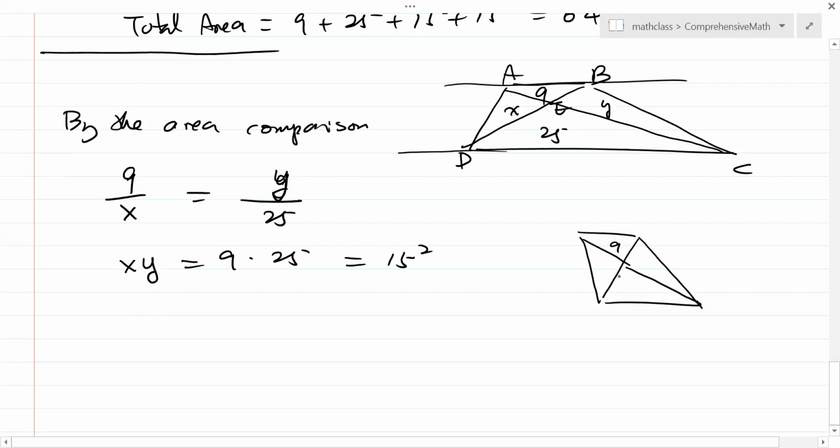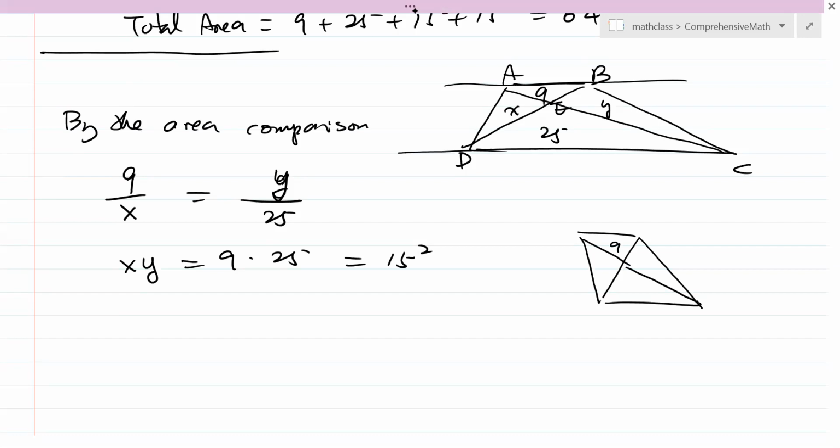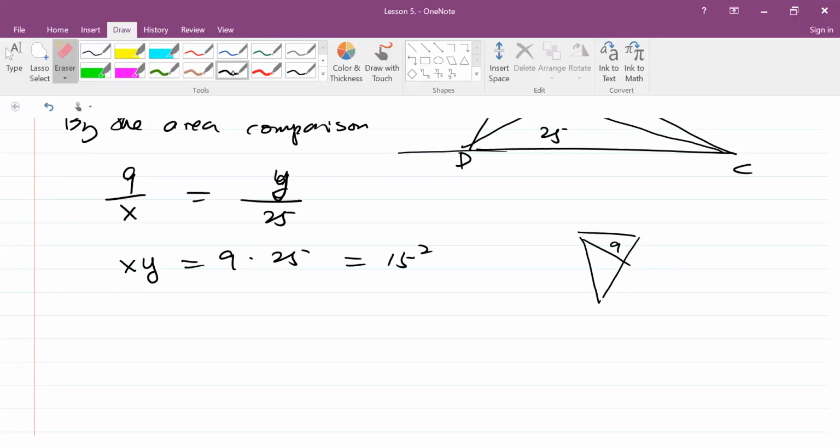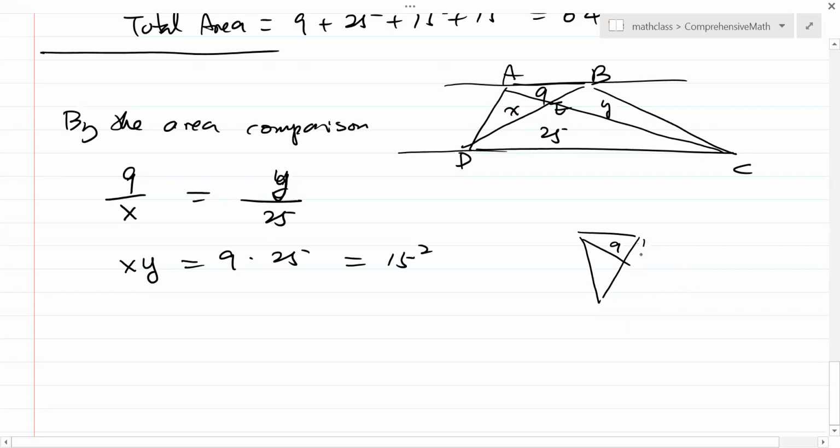It's not necessary to be a trapezoid. It could be even like that. If this is 25, you still have this identity. Think about it. You haven't used the trapezoid condition, that two lines are parallel.